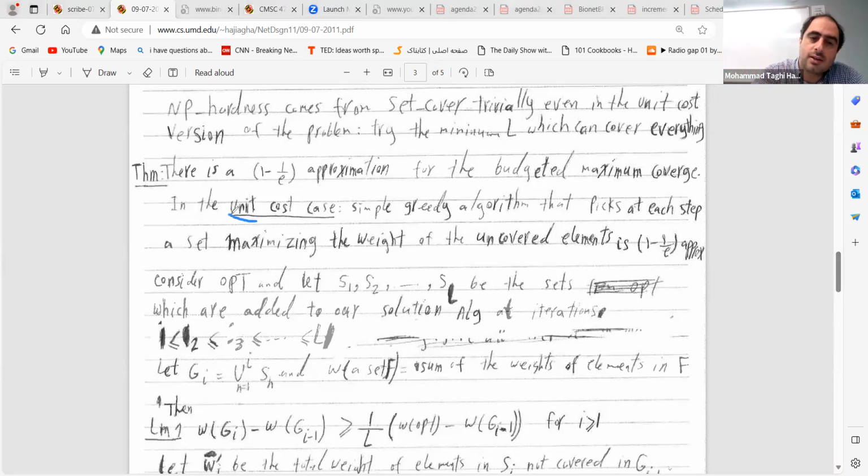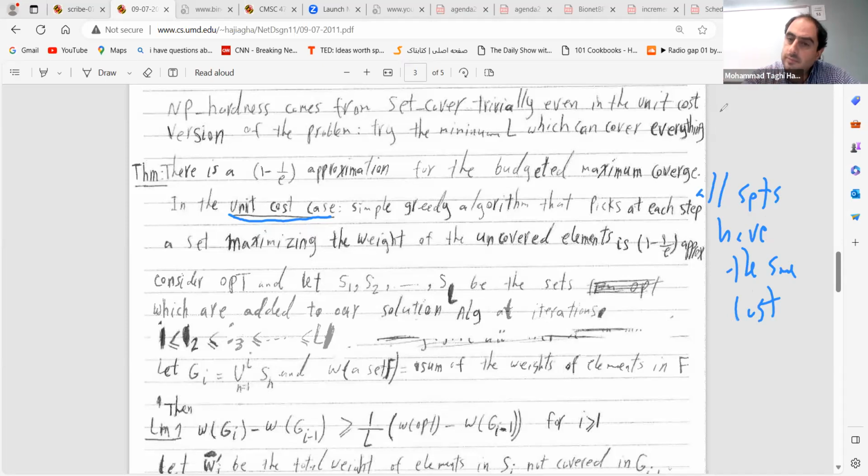In the unit cost case, all sets have the same cost. This is the unit cost case.